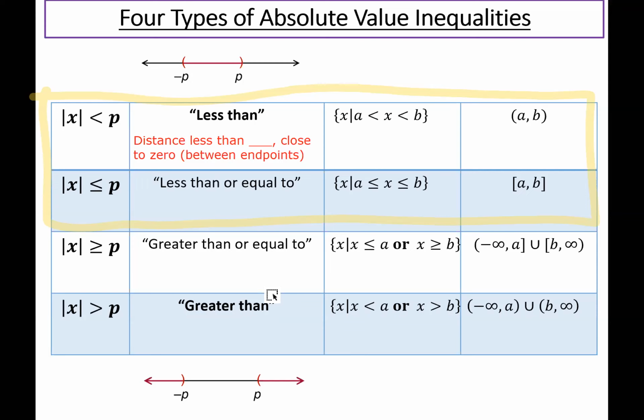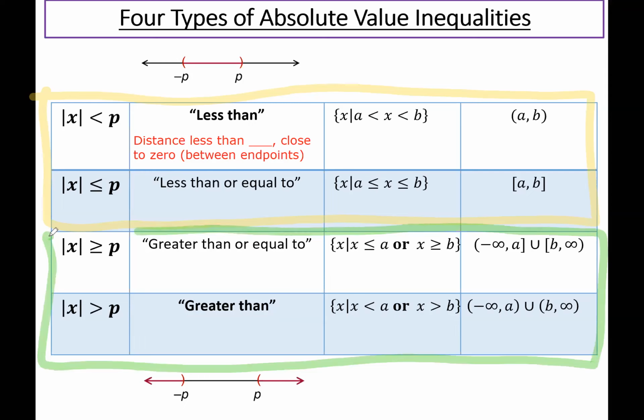All right, so for your greater than inequalities, it's sort of the opposite. So rather than shading in between 2 endpoints, it's kind of everything except in between. If you have these 2 endpoints, negative p and positive p, you're shading on either side of those. So it's either x is less than negative p or x is greater than p.